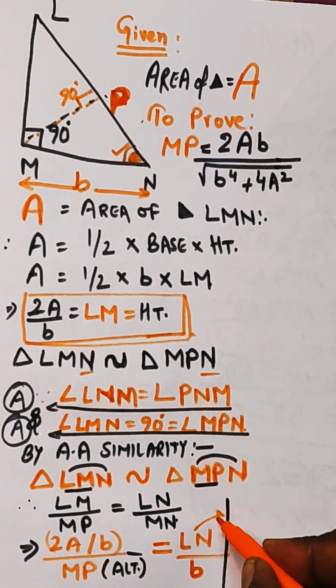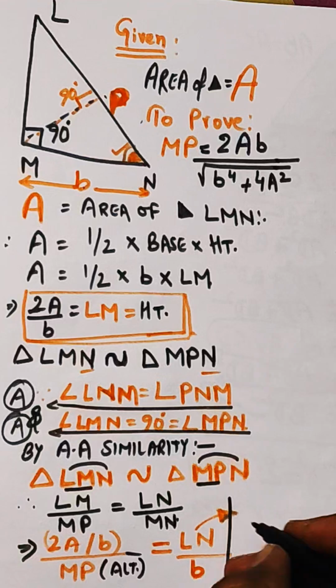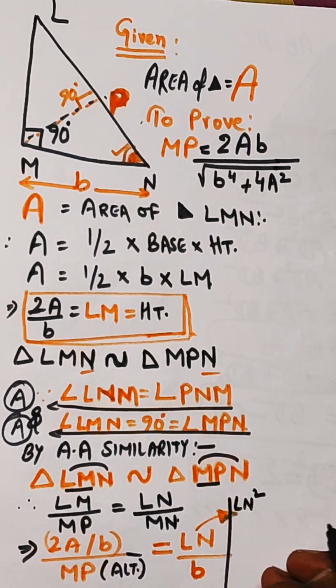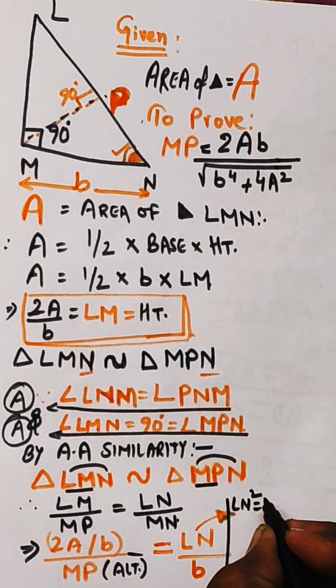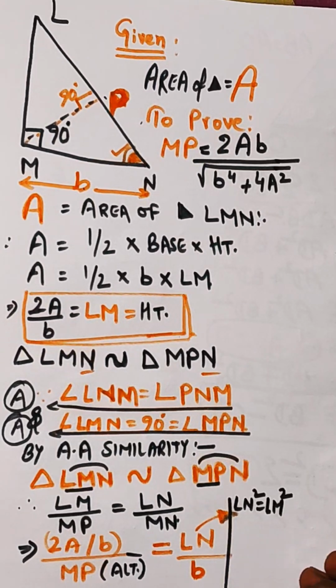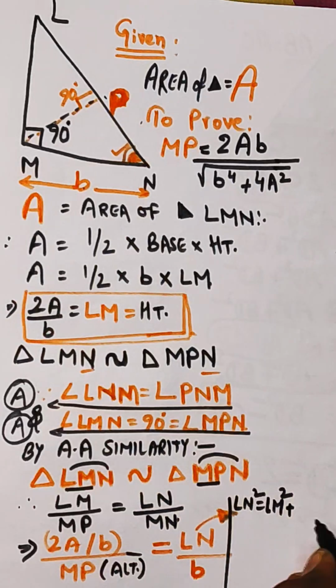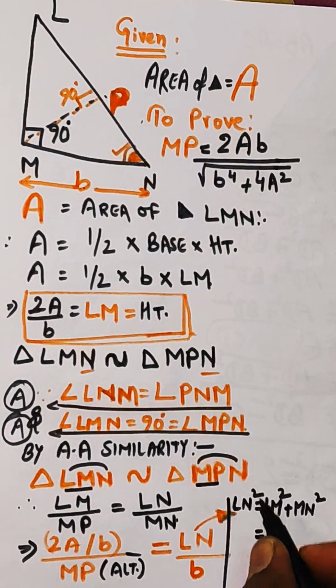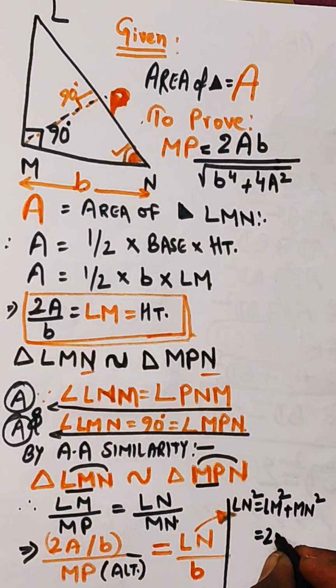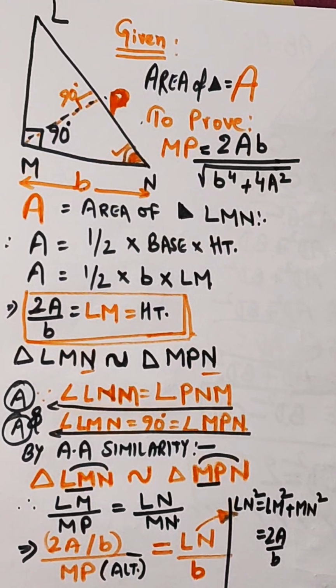Now to find the length of the hypotenuse LN, we'll just apply the Pythagoras theorem in the right angle triangle LMN, and we can write that hypotenuse square is equal to perpendicular square plus base square. So LN square is equal to LM square plus MN square, right? And LM we already calculated as 2 capital A divided by b.